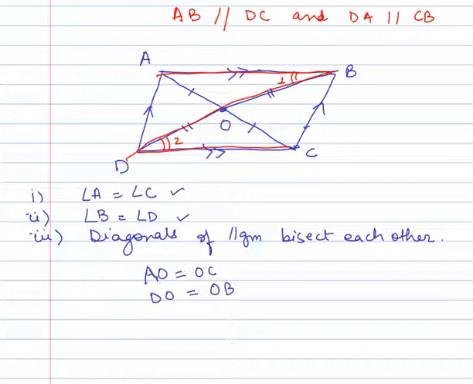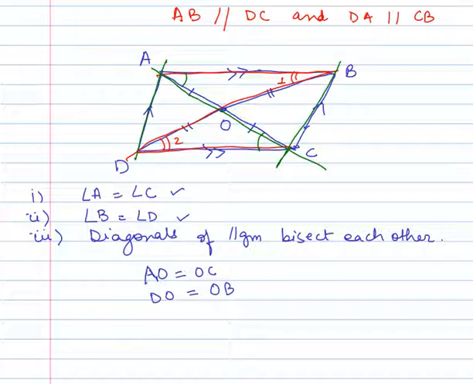Again consider these two parallel lines, AD and BC. These two are parallel lines, whereas AC is acting as the transversal for AD and BC. Therefore, we can say this angle is equal to this angle.